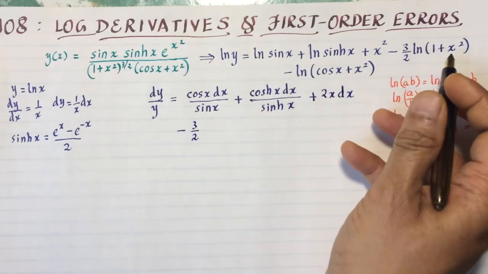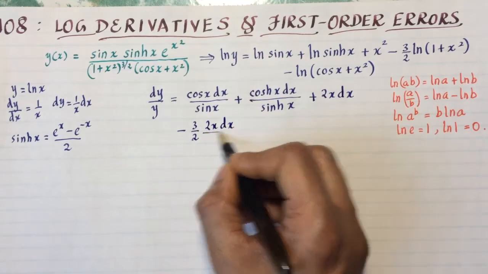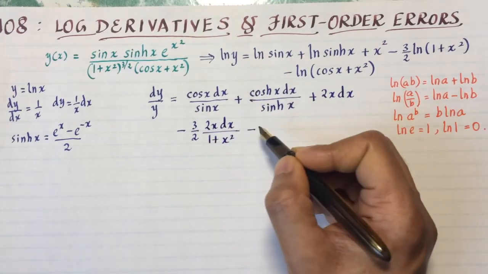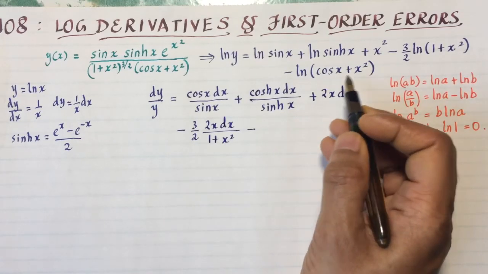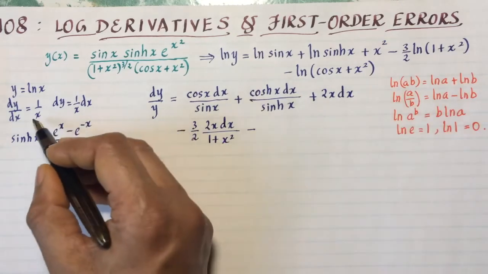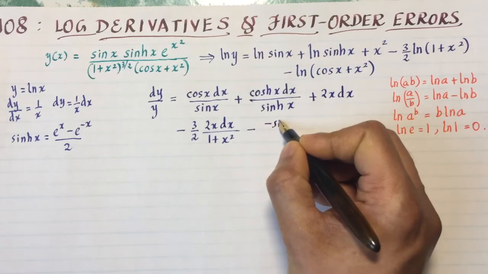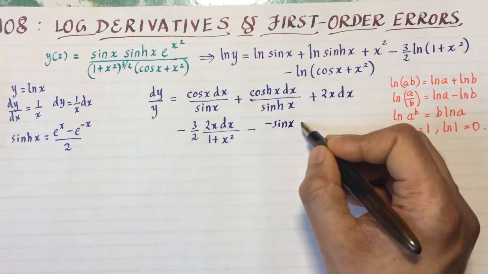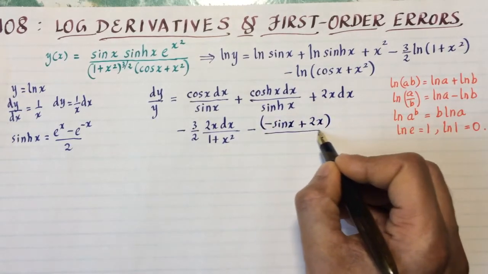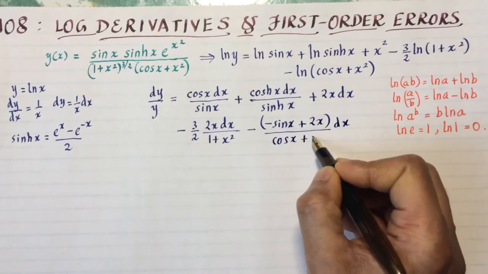Now if I go inside and differentiate 1 plus x squared, I'm going to get 2x dx divided by 1 plus x squared, minus, well, this one here, it'll go to the denominator just like all these other terms, but the numerator is going to be minus sine x plus 2x divided by cos x plus x squared.